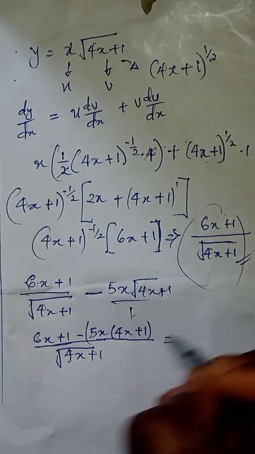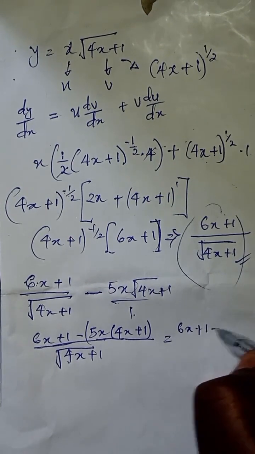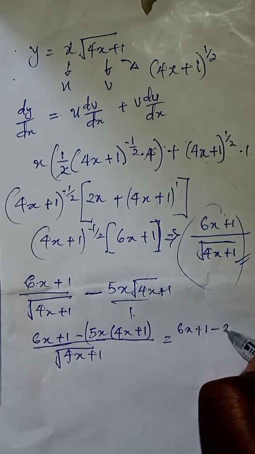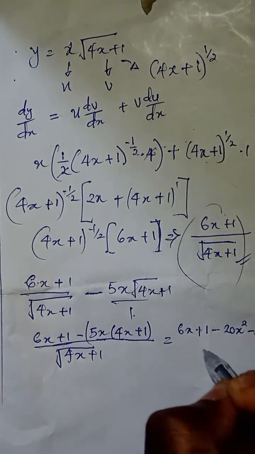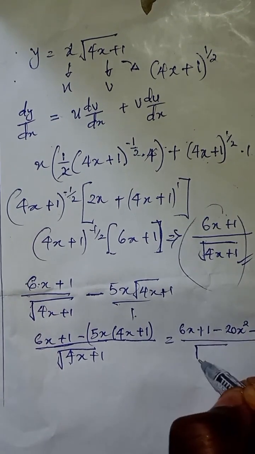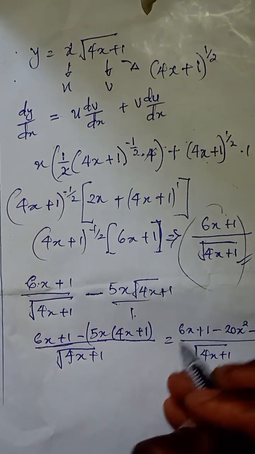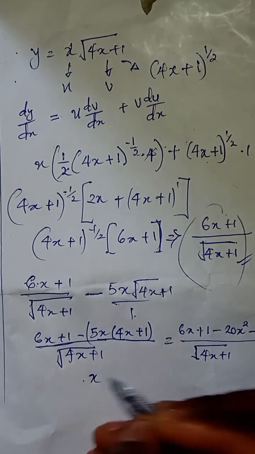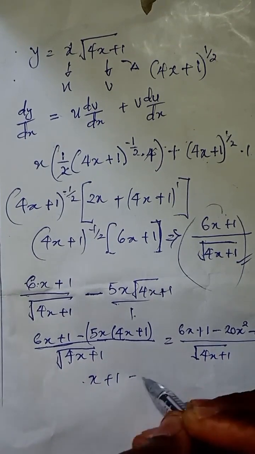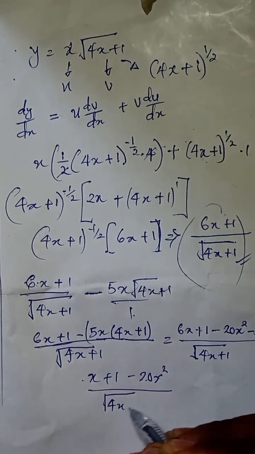We have 6x plus 1 minus 20x squared minus 5x, everything all over the square root of 4x plus 1, and this is equal to 0. Coming back to that, if we simplify this, 6x minus 5x will give me just x, plus 1 minus 20x squared over the square root of 4x plus 1 is equal to 0.